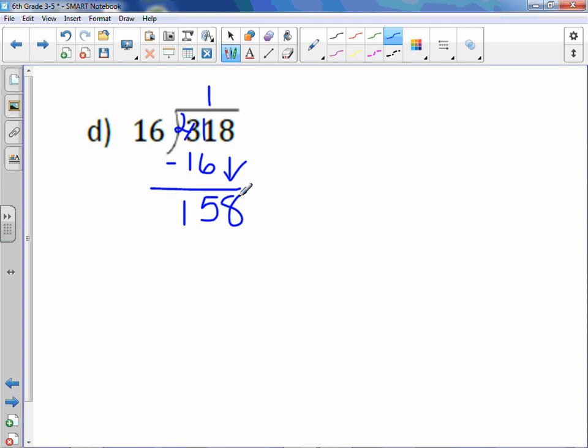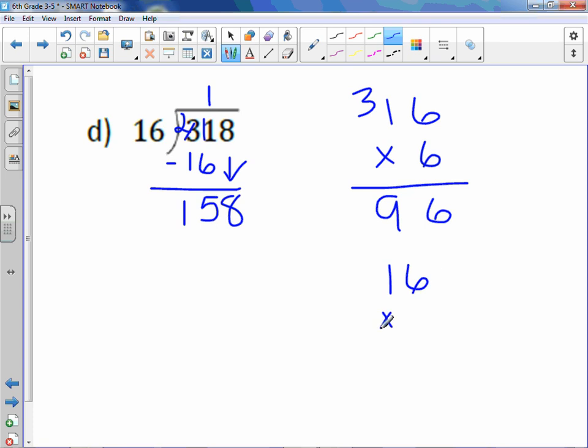So 16, if we round it up to 20, 158, if we round it up to 160, I don't know, let's try 6 and see where that takes us. 6 times 6 is 36. 6 times 1 is 6, plus 3 is 9, so I'm a little short.